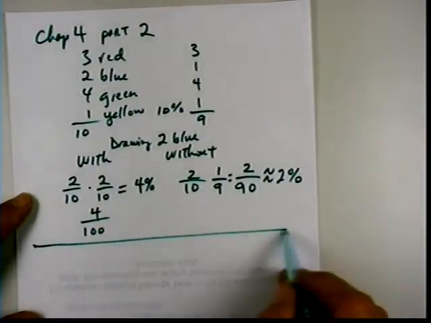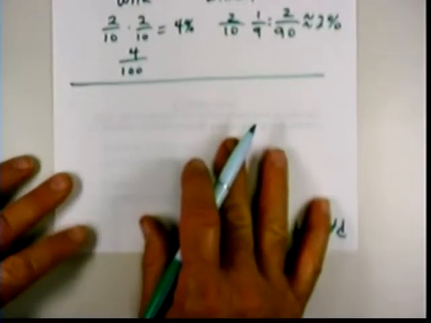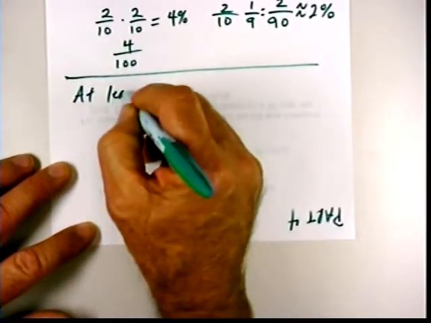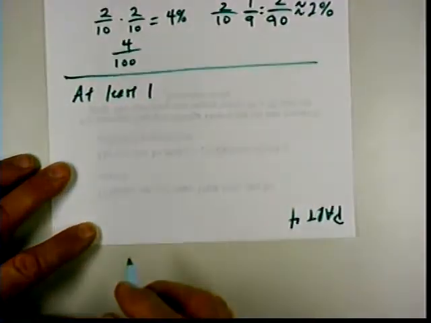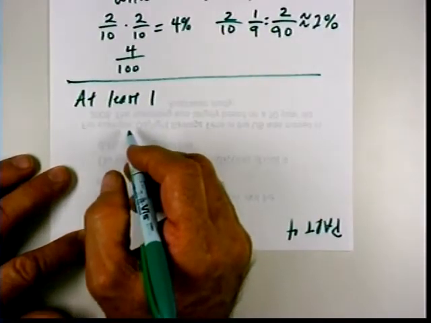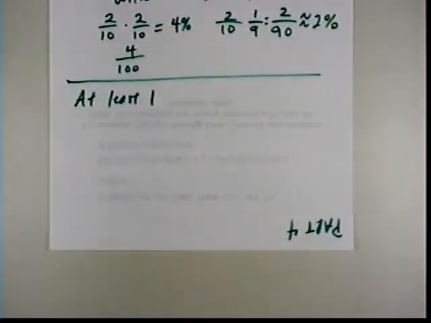Another concept that I'd like to explain is the "at least one" rule. Sometimes you may see where we ask a question such as, what is the probability of drawing two or more red cards from a deck of cards or something like that.